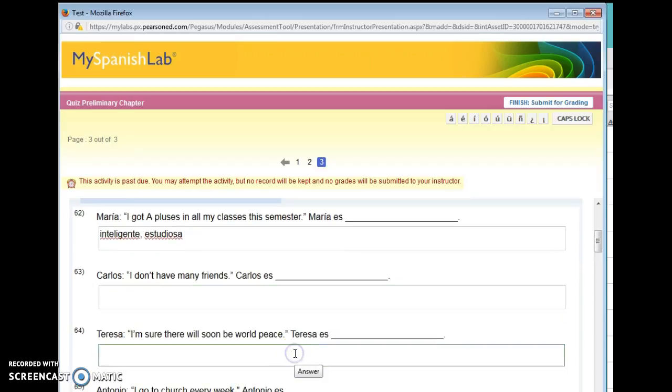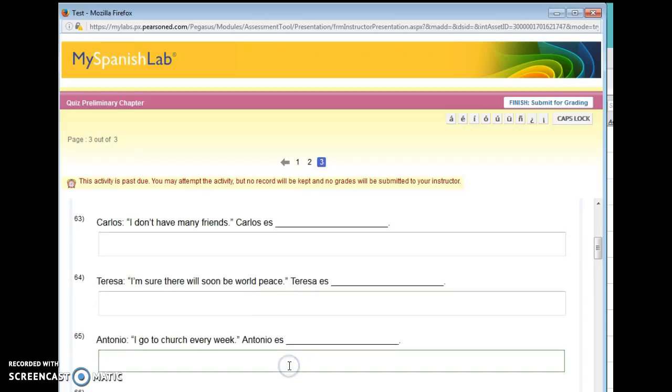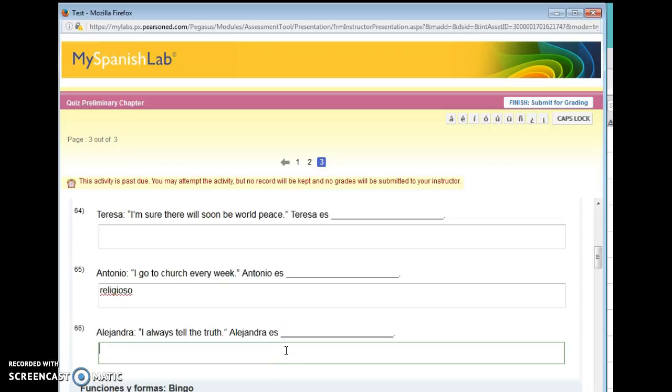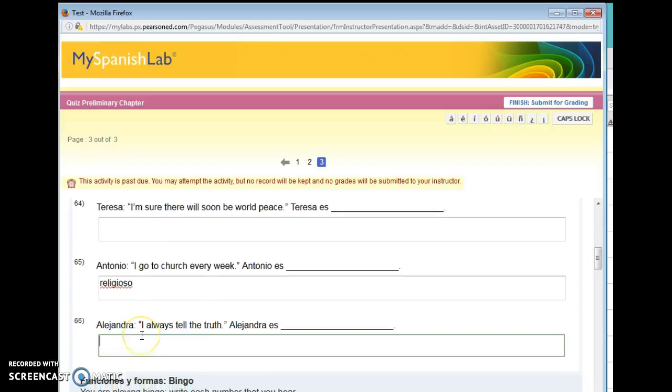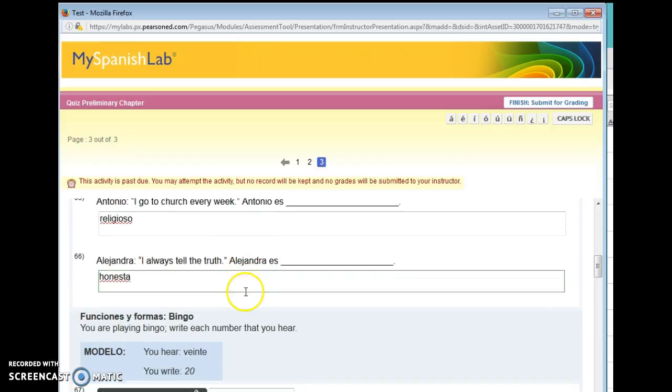Teresa, again, is a woman, so if you have an adjective, it's got to be the feminine form. If there is a feminine form for the adjective, because some just have one form. Antonio is a man, so religioso is probably the best answer there. And Alejandra is a girl, and so honesta. But anyway, you had to have the feminine form there because it's a woman.